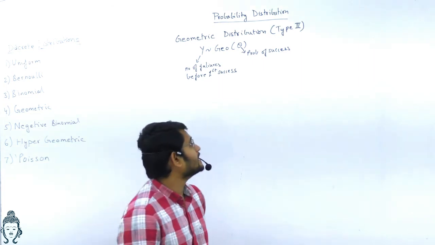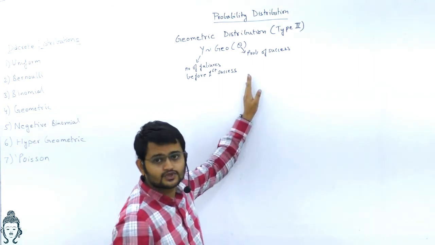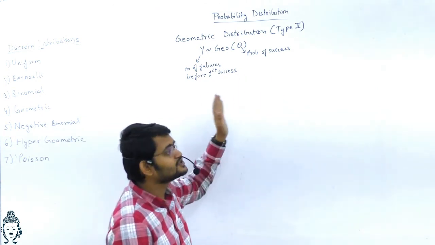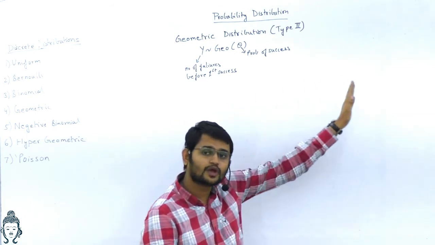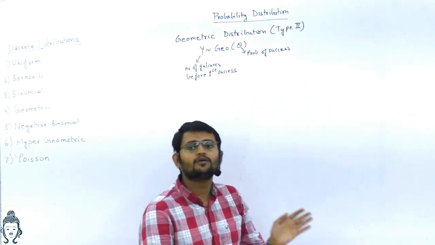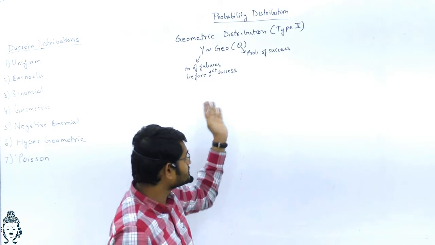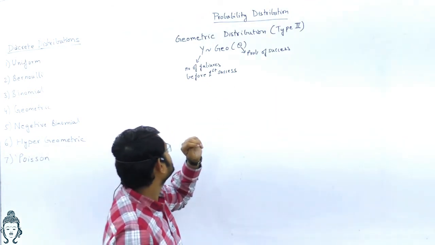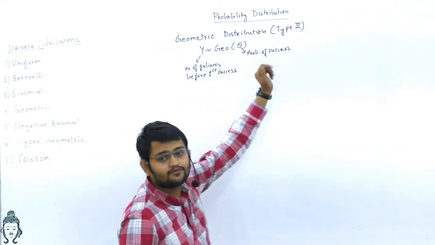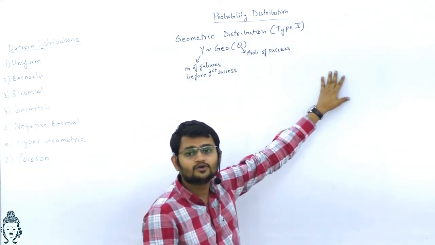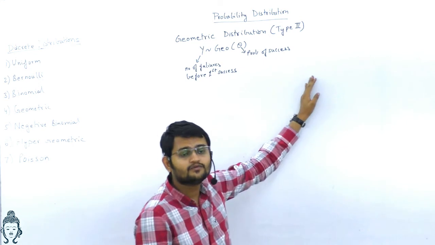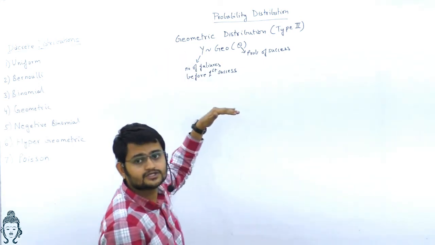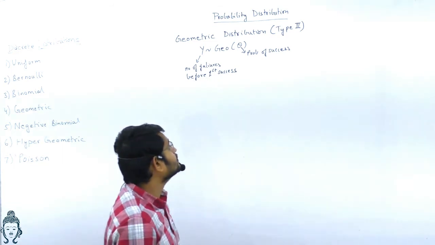So the possible values of a distribution of the number of claims has to start from 0 and go up till infinity. Because type 1 did not have that, its minimum value was 1, we have type 2, which allows us to get a minimum value of 0.